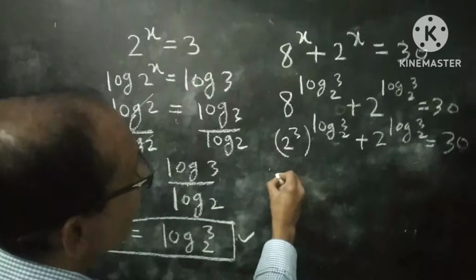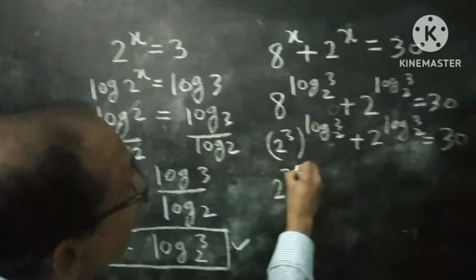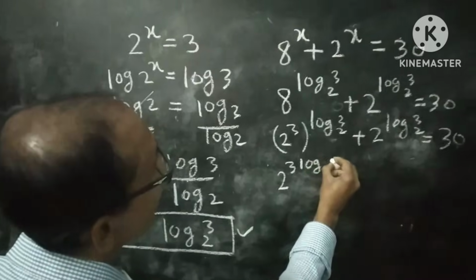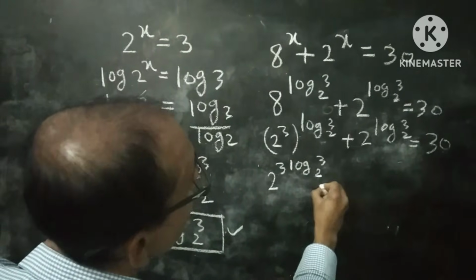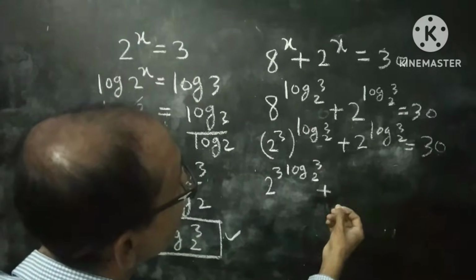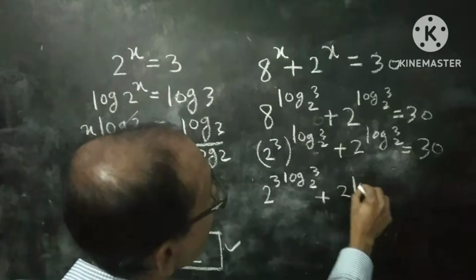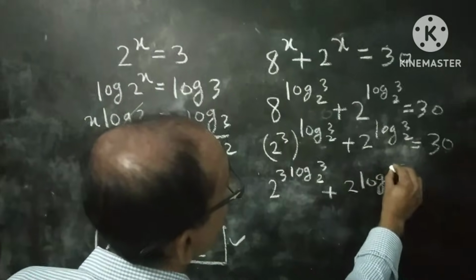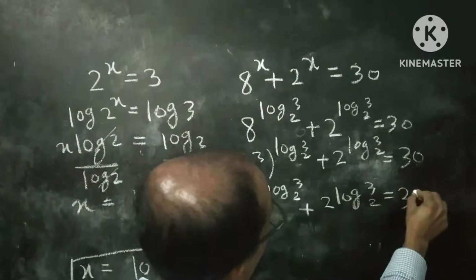Or 2 to the power 3 log 3 of base 2 plus 2 to the power log 3 of base 2 equal to 30.